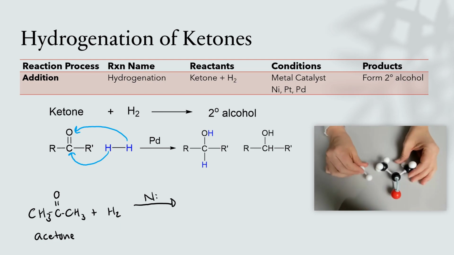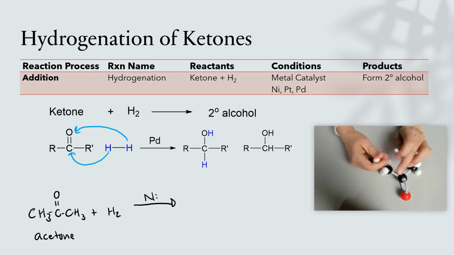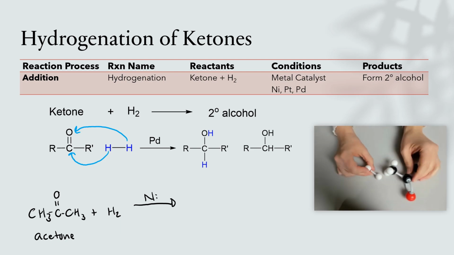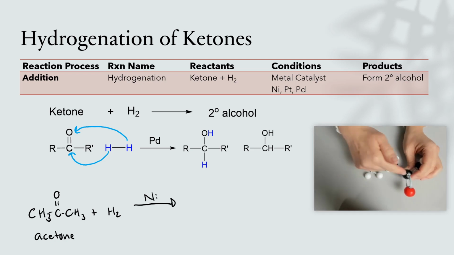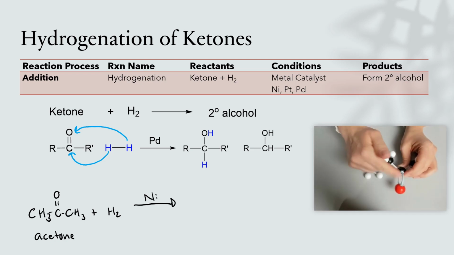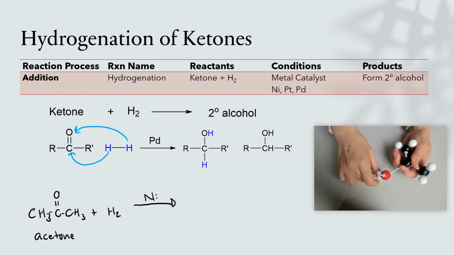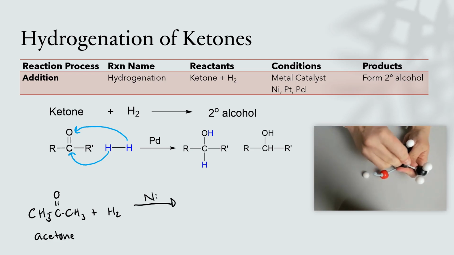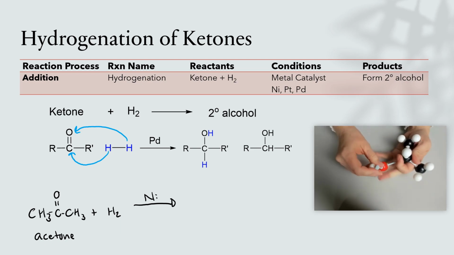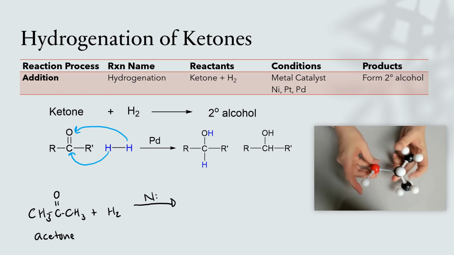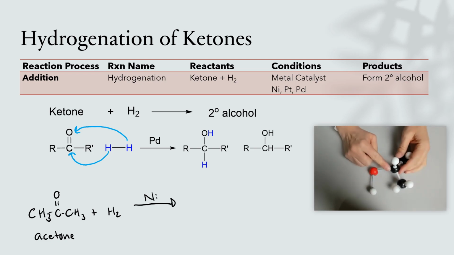We need that metal surface again that allows for the breaking of the hydrogen molecule into its separate atoms. Those hydrogens are now reactive enough to interact with the double bond of that carbonyl, breaking open that carbonyl double bond, allowing a hydrogen to be put back onto that carbon and a hydrogen to be put back onto the oxygen, reforming the alcohol.